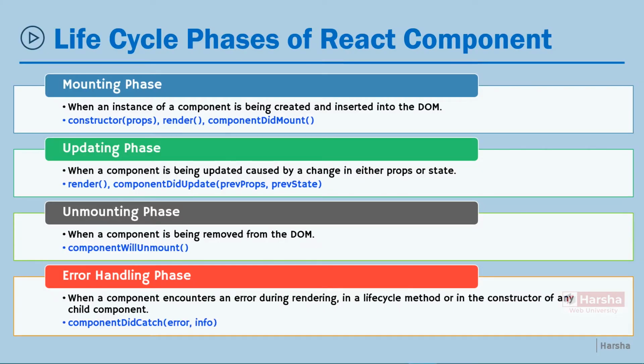Here, we are focusing on only the methods that are really useful and frequently used in real-world applications. So 90% of the times, we use these methods in real-world applications. So, how and when we use these respective methods at different phases? We will understand about each phase by lecture in this section.